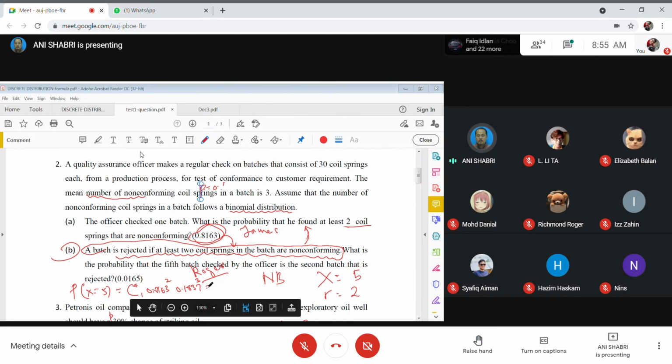Okay, try to calculate that. Is the answer the same? It's the same, 0.165. The answer is the same.